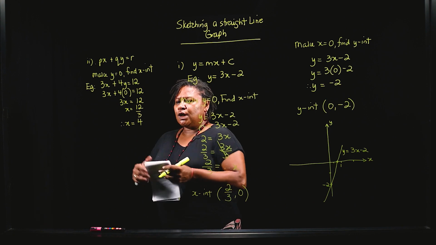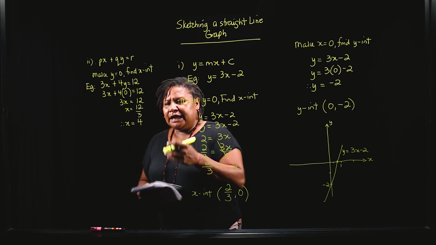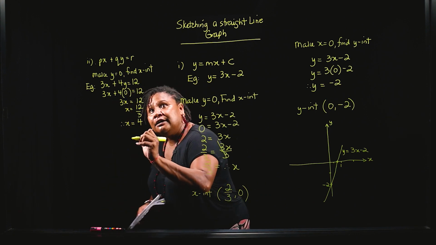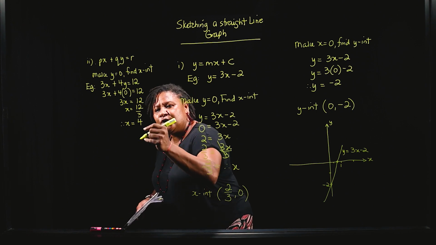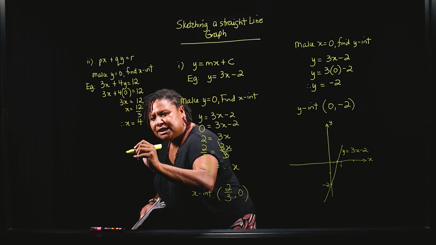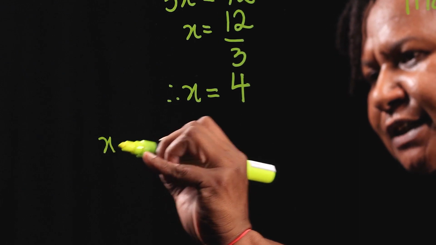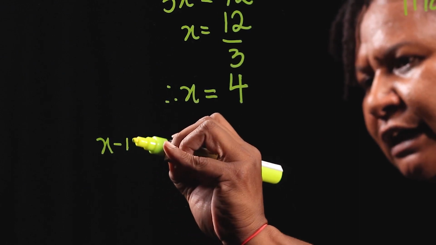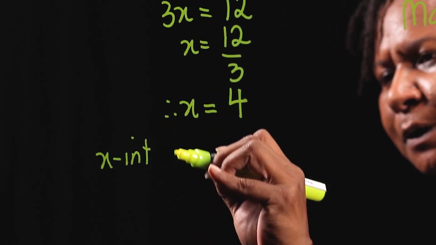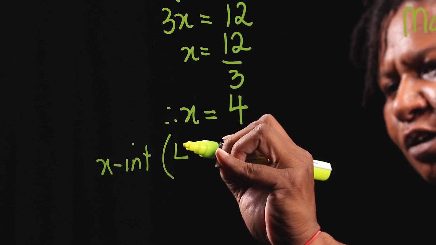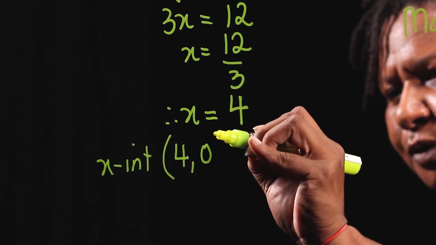All right, so our x coordinate of the x-intercept is 4. So let's write that as coordinates to a point. All right, the x-intercept is (4, 0).